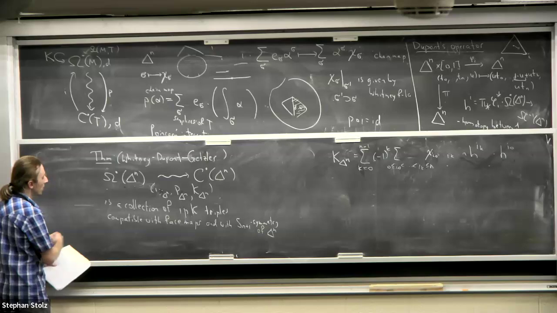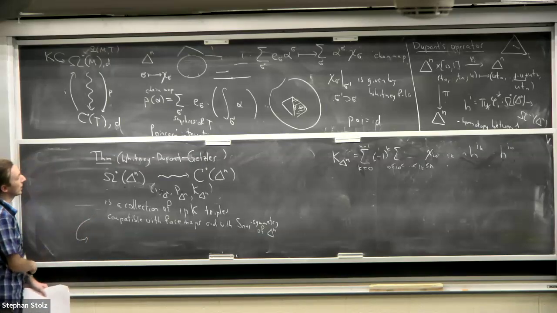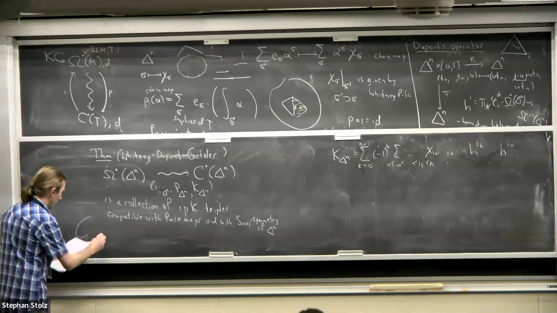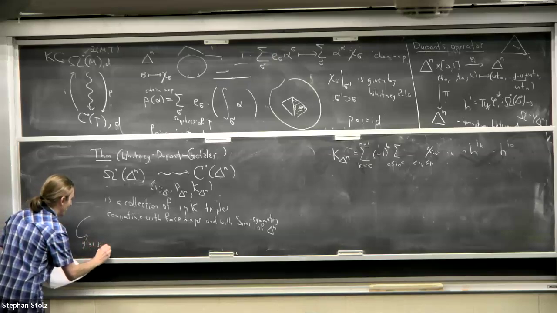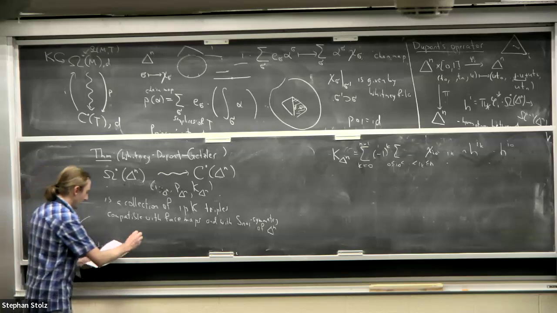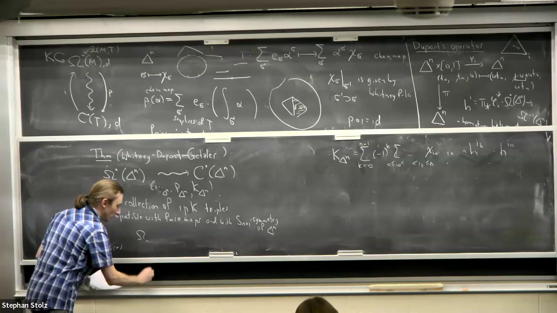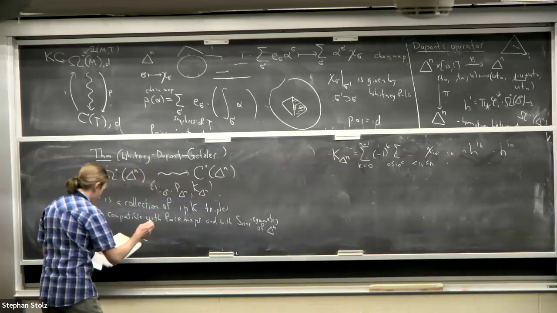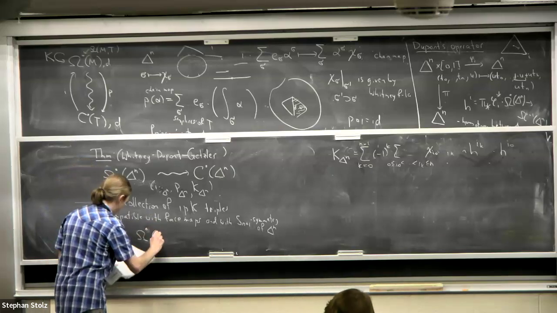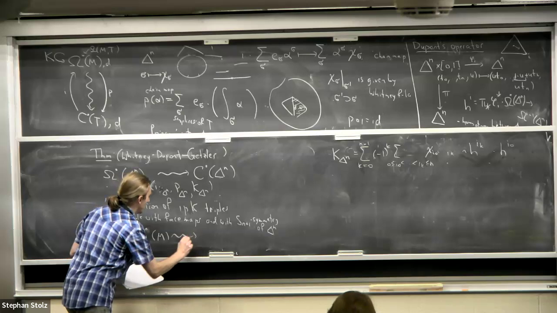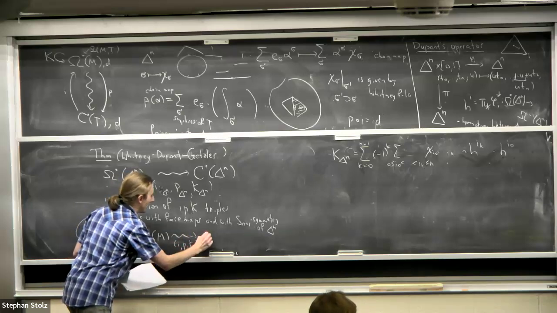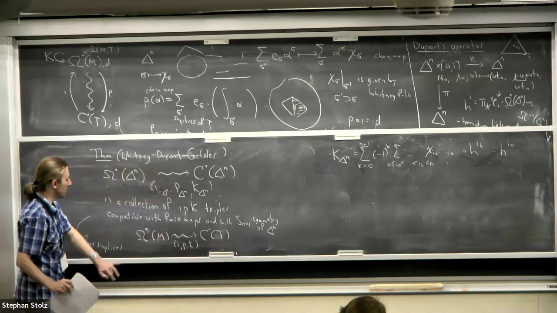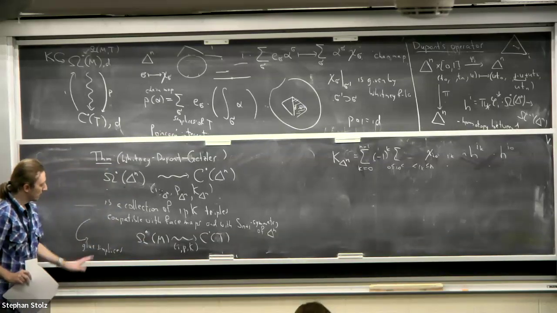Then, this compatibility with face maps ultimately means that I can glue a simplicial complex T out of standard simplices, and obtain an IPK triple from differential forms on a manifold to cochains of a triangulation. And again, I'm ignoring the distinction between smooth differential forms and piecewise polynomial.